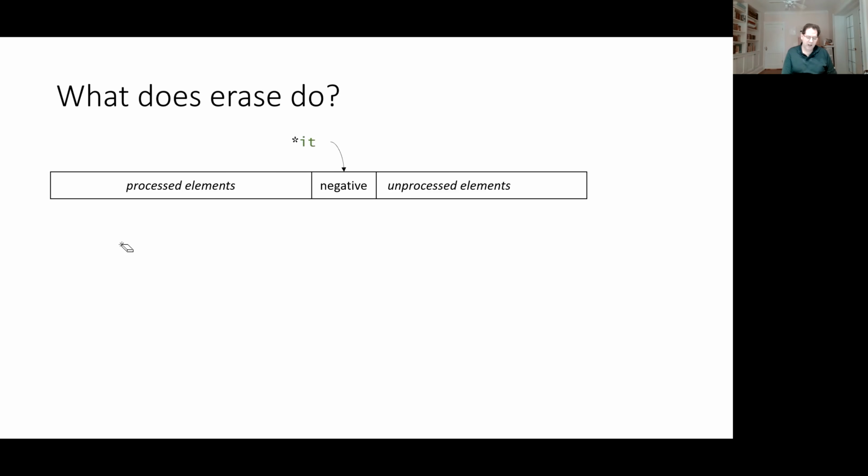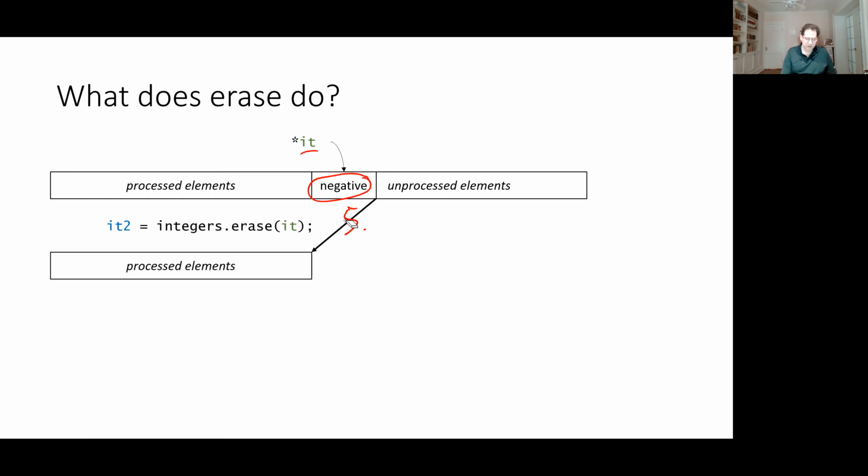So this iterator starts at the beginning. That's what I wrote. And it's gradually walking through my integers vector. Let's say I'm pointing right here. This is where my iterator is, and it's pointing at a number that happens to be negative. So let's say it's -5. So I'm supposed to get rid of that.